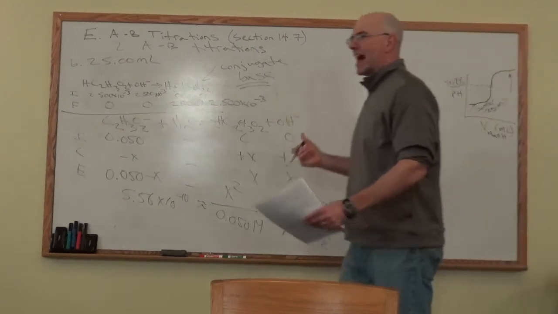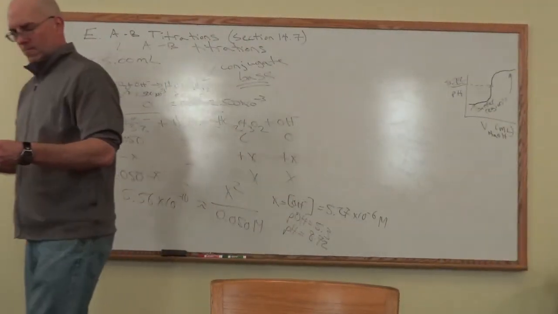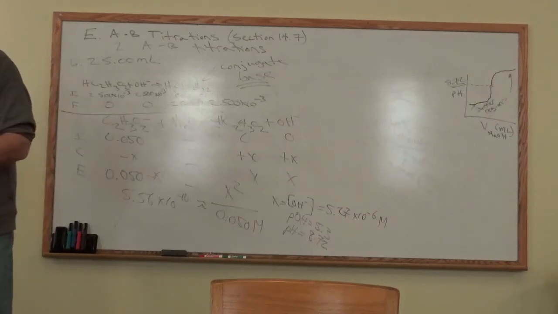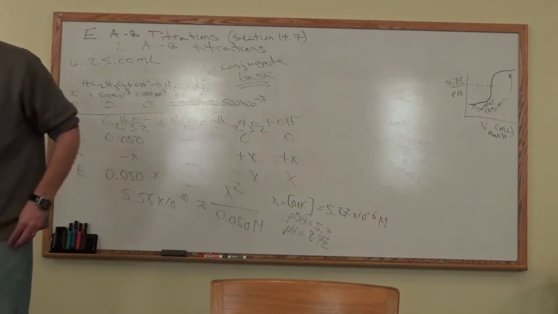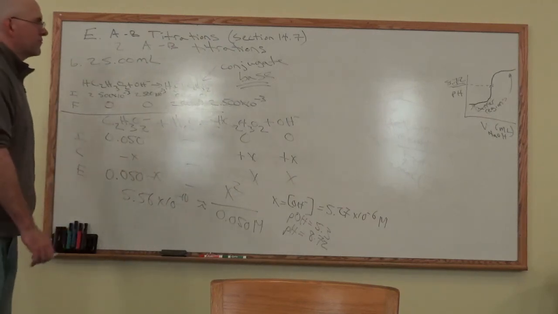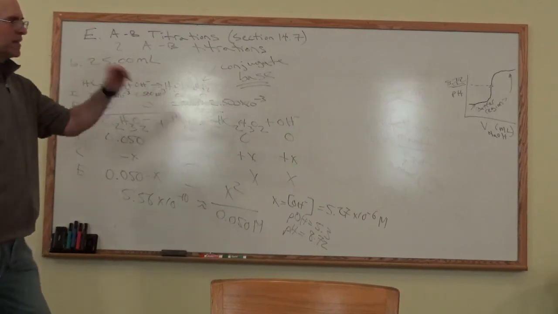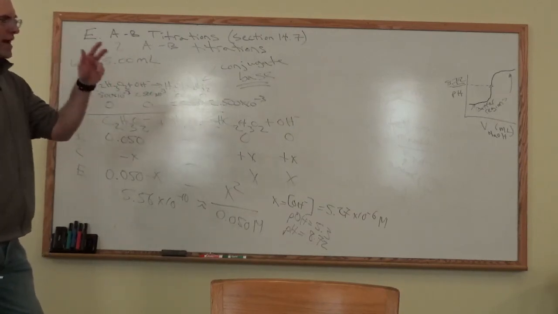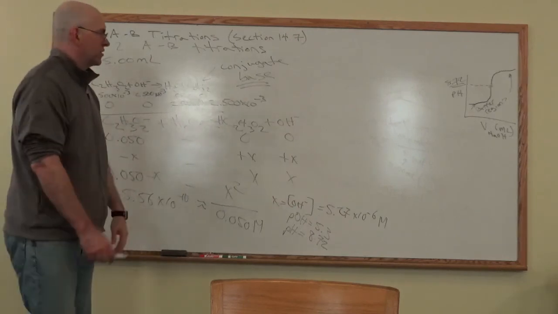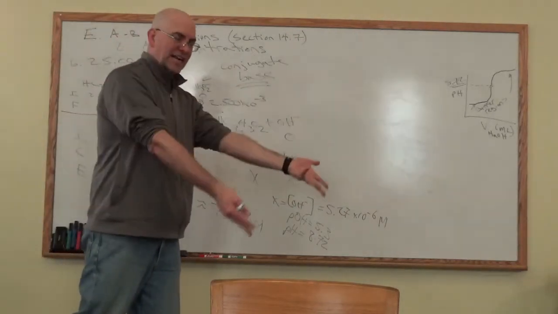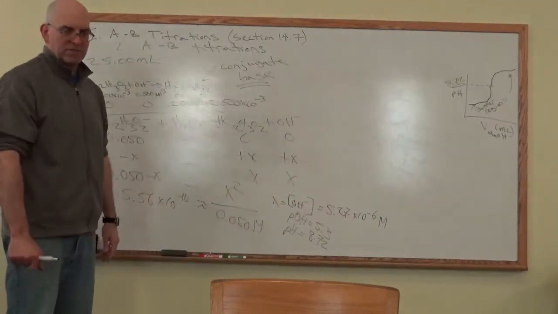Okay, and the last one, beyond the equivalence point, is actually very, very easy. So, beyond the equivalence point, all we're doing is dumping in more OH minus. All we want to do is figure out how much excess OH minus we've dumped in.